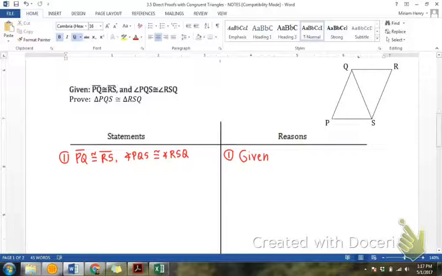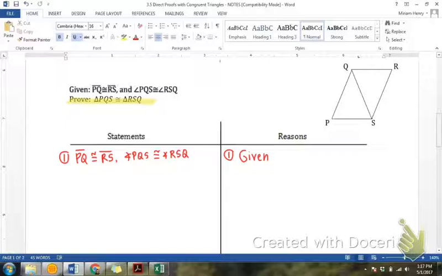Now I don't know what the steps are in between. I don't know how many there are. But I do know that the last statement of my proof is always going to be the proof statement, right? No matter how long it takes me to get there, no matter how many steps, this proof statement is going to be the very end.